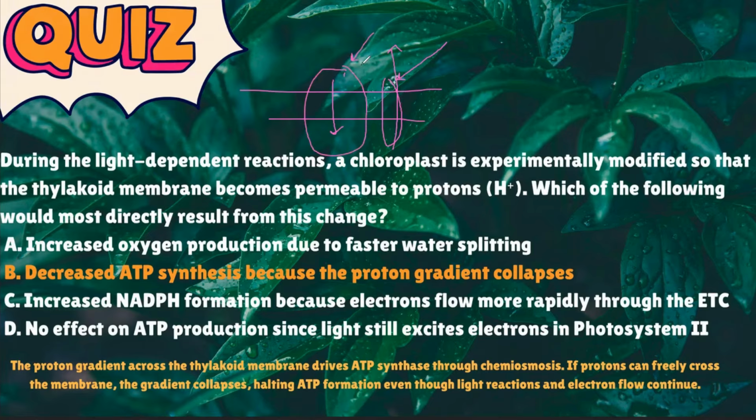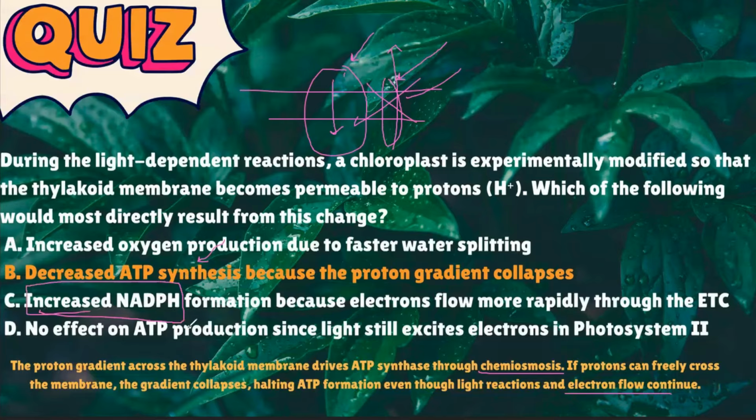So we would not have the gradient across the membrane, which means we would not need to utilize the ATP synthase. So we would have decreased ATP synthesis. And going against the gradient drives the process of chemiosmosis. So we need that to ensure that the electron flow continues. So we don't have increased NADPH either.